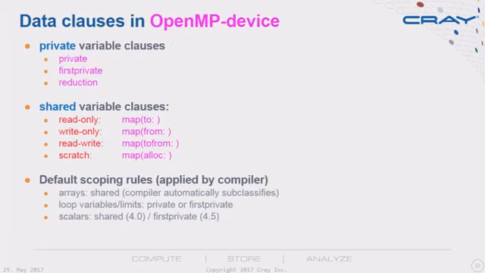So this is how we implement it with the OpenMP statements. We define them as private, firstprivate, or reduction, and then we have these so-called map clauses, which define if we want to transfer data to the GPU. This is what we do with the map to. With the map from, we say, okay, we just need a result back from the GPU to the CPU.